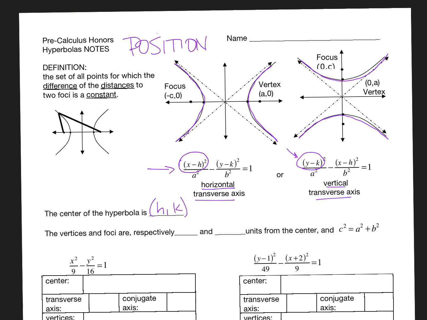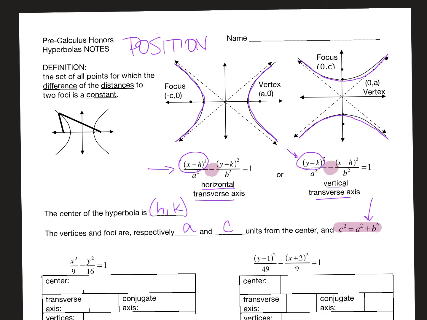The vertices, just like with ellipses, are going to be a units away, and the focal points are going to be c units away. And then if you'll notice here, I have this equation to help me find c. It is very similar, but it is different from the ellipse one. On the equations for hyperbolas, notice that there's subtraction in the middle, which is opposite of the sign that you're seeing here in the equation for the focal points.